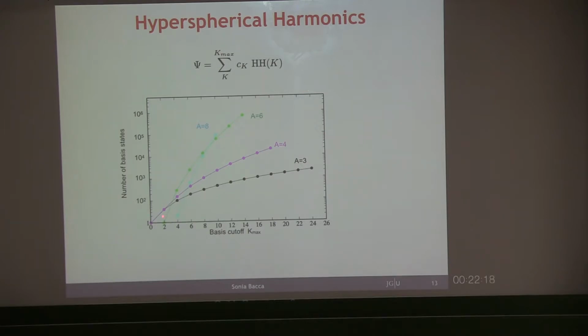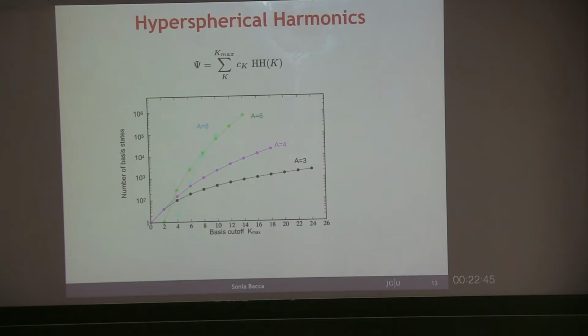So, for example, if you have 3 nucleons, like let's say helium-3, you have something like 1,000 states. But if you go to helium-6, you have 10 to the 6 states, which you would think is not big. Well, actually, it is big, because these matrices are dense, they are not sparse. The limit is 10 to the 7, where you could diagonalize these matrices efficiently.